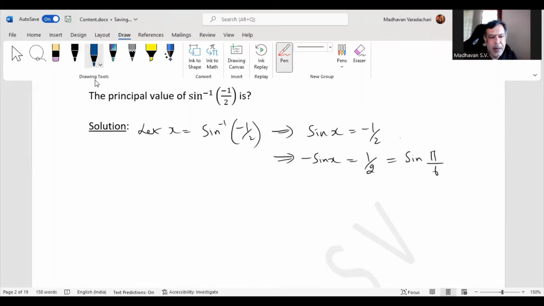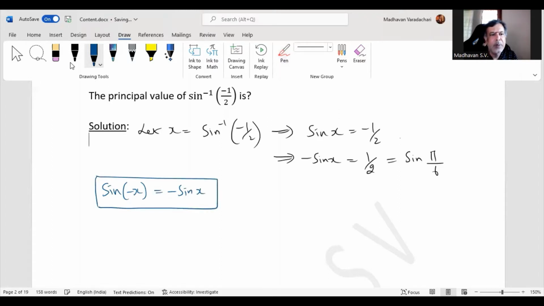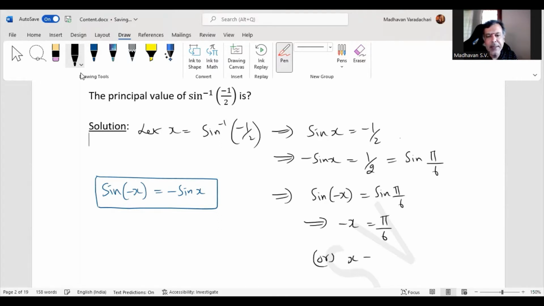Further, we have sine of minus x is nothing but minus sine x. So this negative sine x can be rewritten as sine of minus x is equal to sine of pi by 6. That indicates that minus x is pi by 6, or x is minus pi by 6. So the principal value of sine inverse of negative 1 by 2 is minus pi by 6.